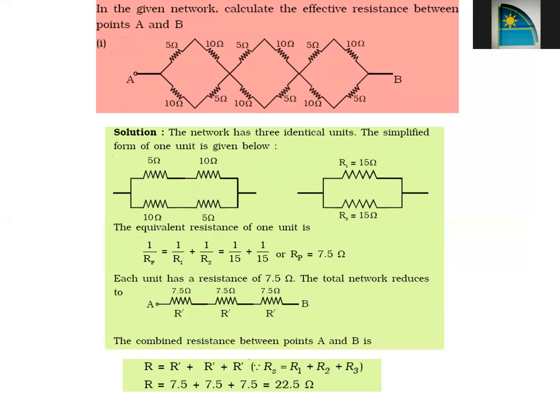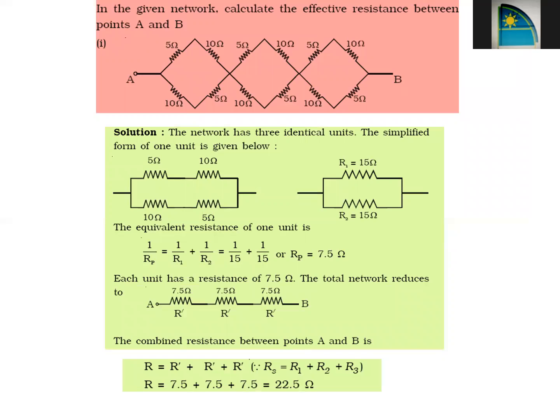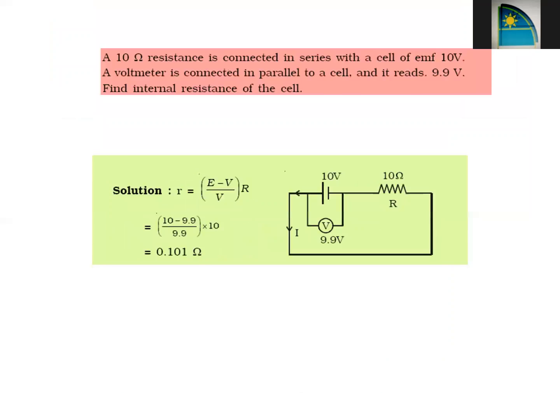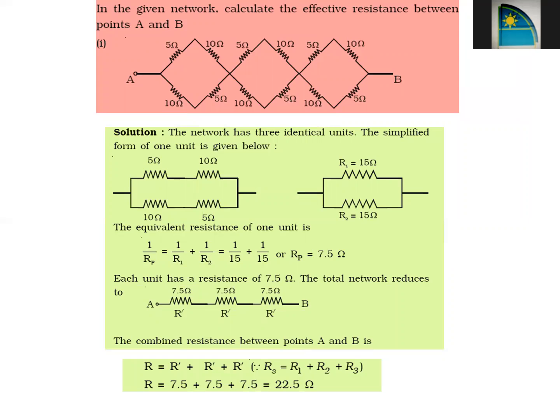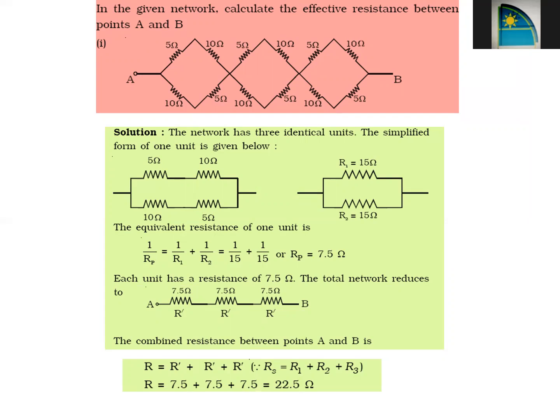Next type of question we will come across is we will get some kind of circuit and we would have to find the effective resistance. So this type of questions are based upon the symmetry of the given circuit.